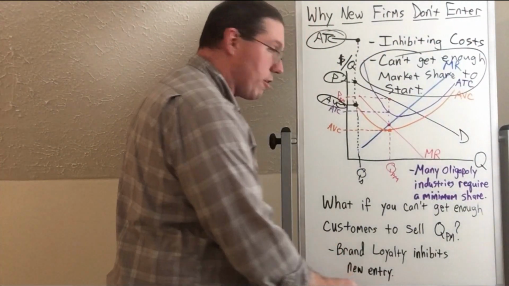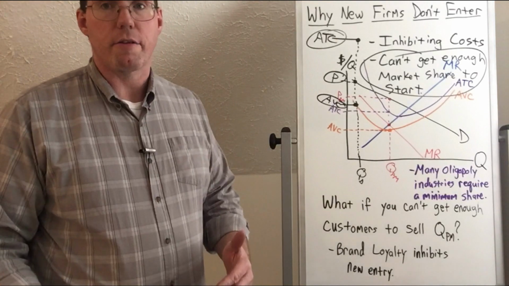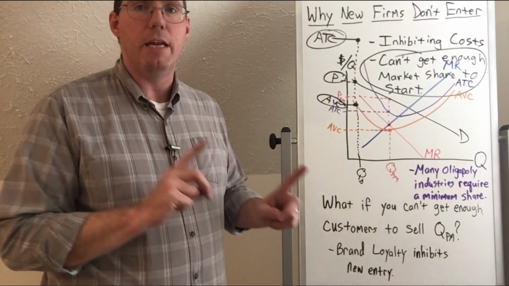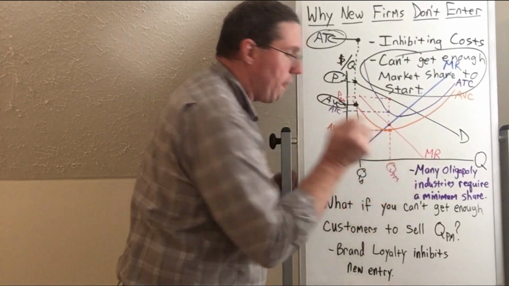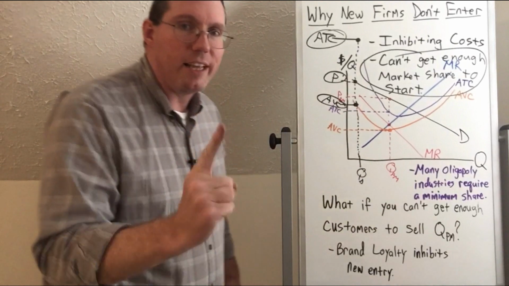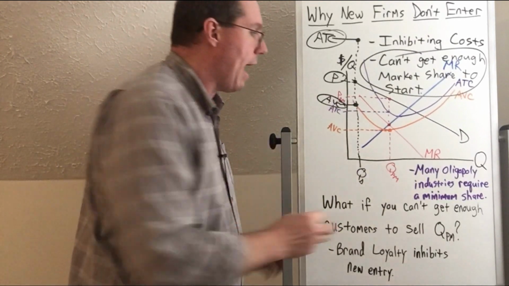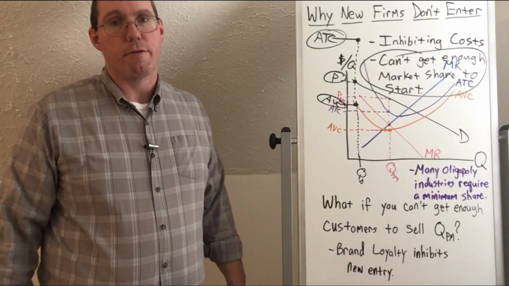Meaning you can't be successful in the industry. You can't cover all of your fixed costs and the variable costs necessary unless you meet a minimum market share. If you could get up to your profit maximizing quantity, then that would give you your market share. But there aren't enough customers that want to buy that quantity because they are brand loyal to the incumbent firms.